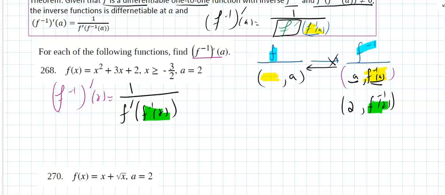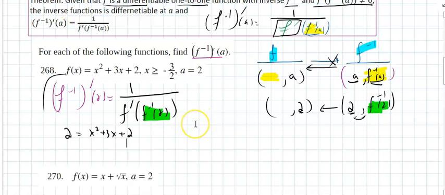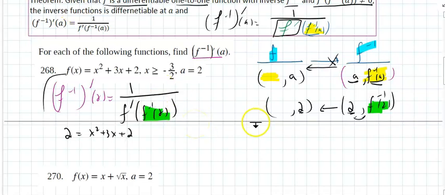I'm trying to figure out the y value in the inverse when x equal 2. If I go to the original, don't you switch x with y? Don't they swap? There it is. If y equal 2, there's y. If y equals 2, what does x equal? Well, if I solve that equation, what do I get?